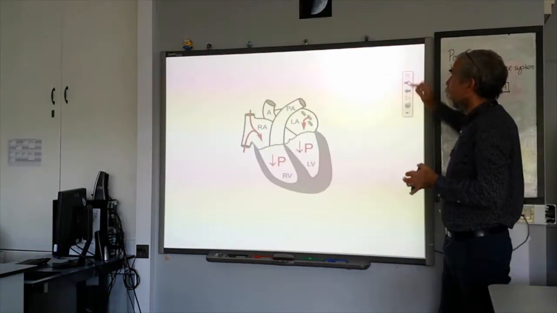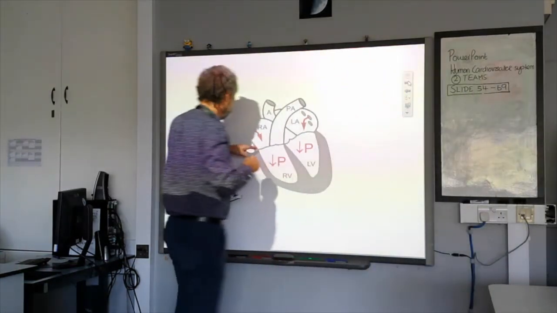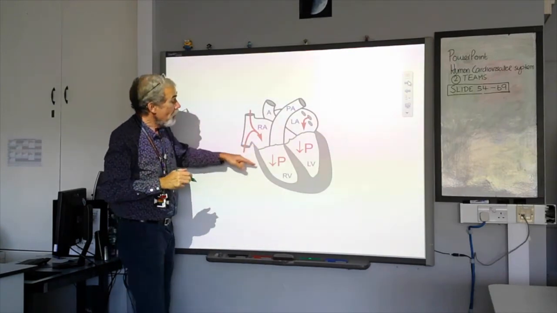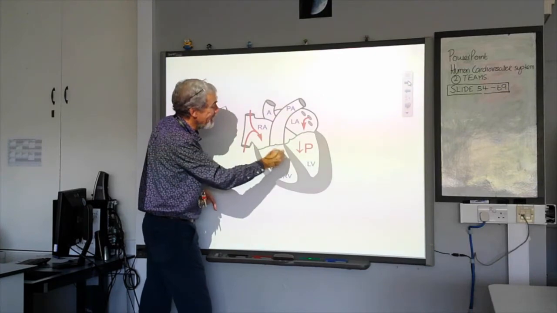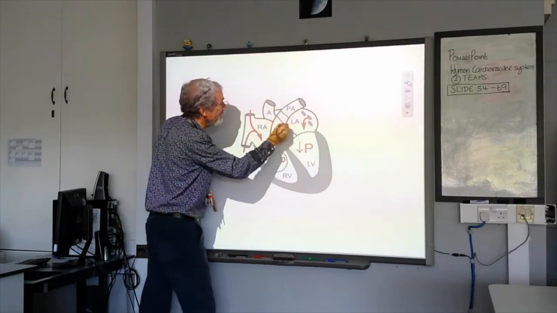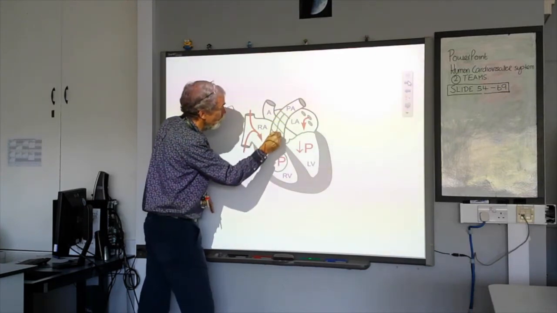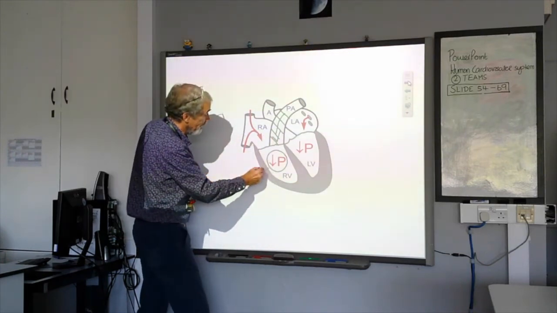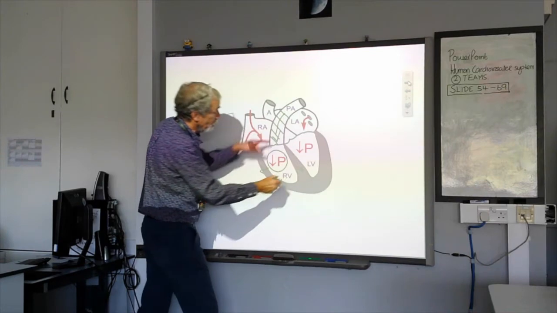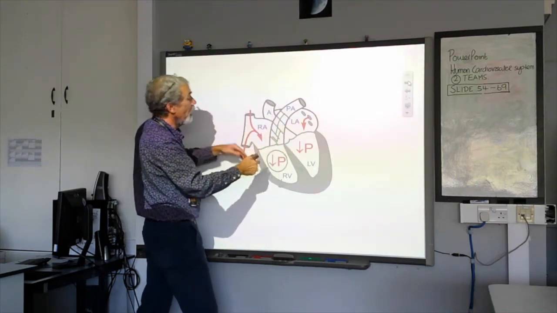So in our diagram, AV valves still remain closed, but the pressure in here has now dropped sufficiently, so the pressure in here is less than the weight of blood above it, which wants to come back through gravity. And also, because these are expanding, it's almost like a suction pump, it wants to pull blood that way.